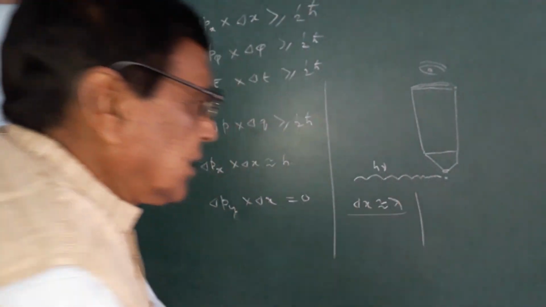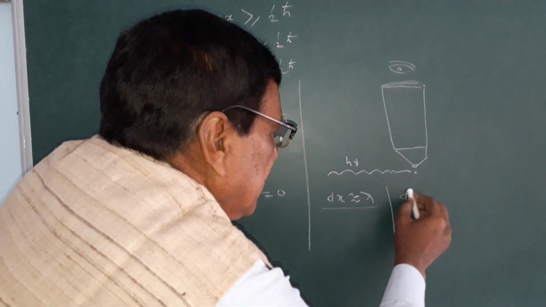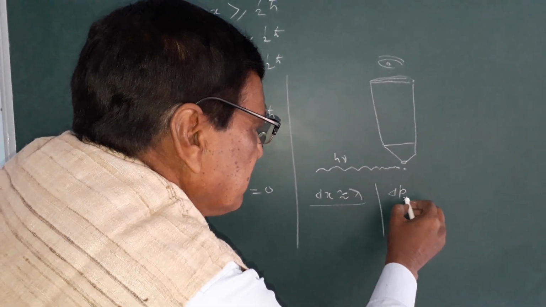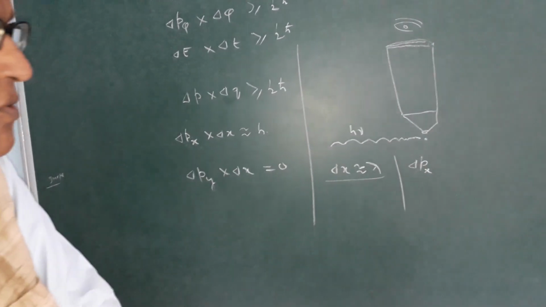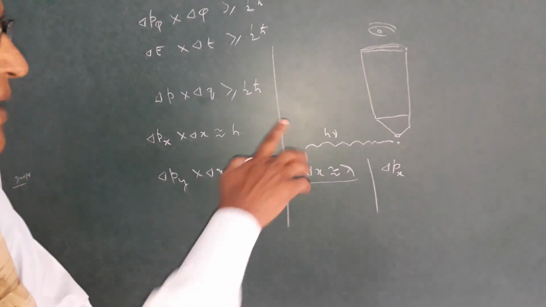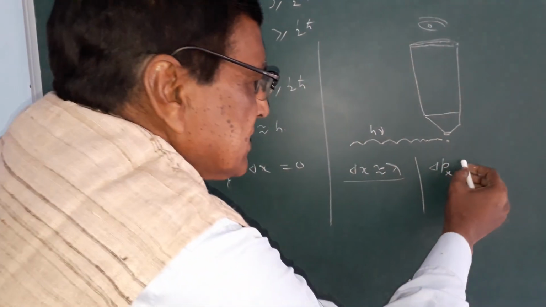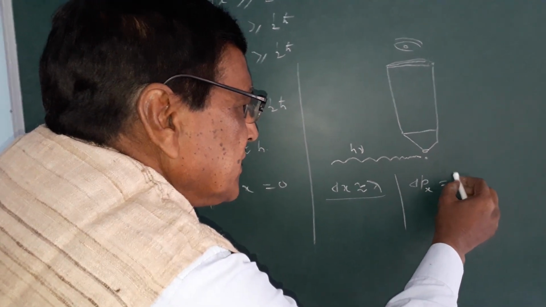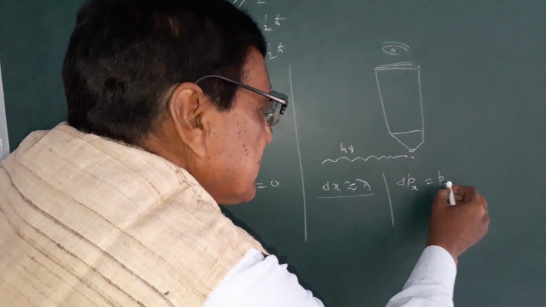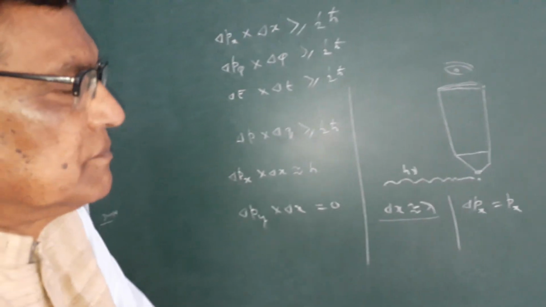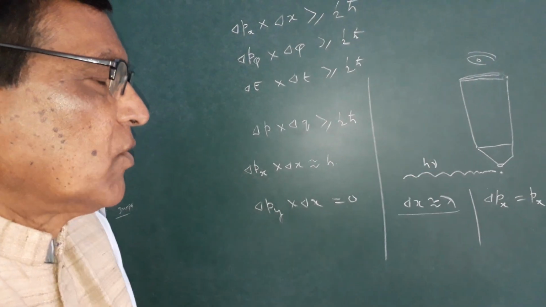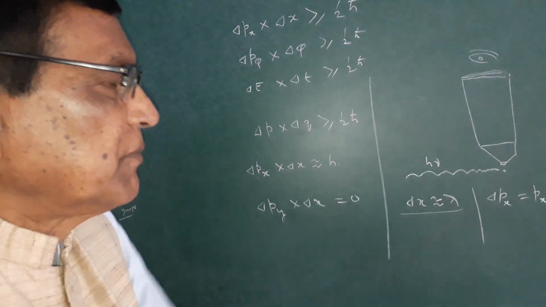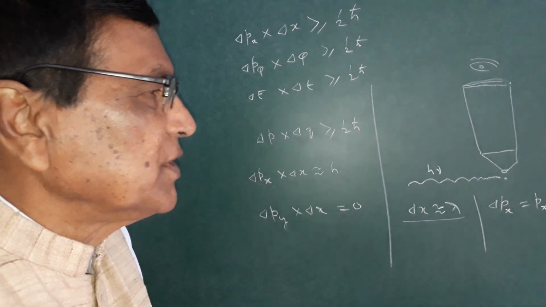So this delta p x, the change in momentum of the electron due to the strike of the photon, is equal to p x, the momentum of the photon which is imparted to this electron.